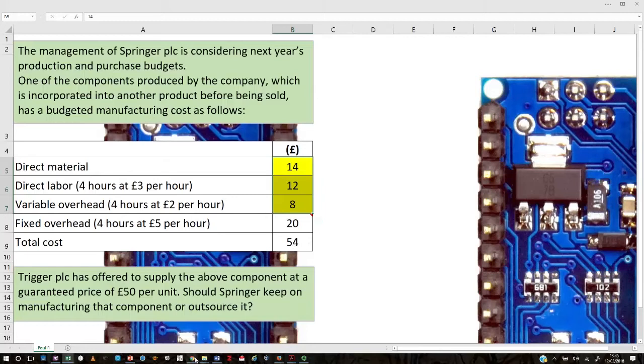Okay, let's have a look at what you answered for that exercise.